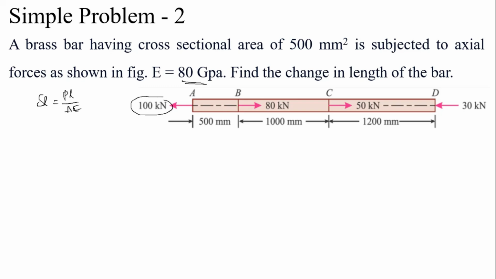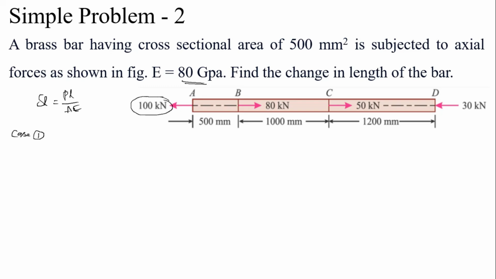Now, for the sake of simplification, we have to divide this 100 kilonewton into several split ups according to the other forces. Let us take case 1, or section 1.